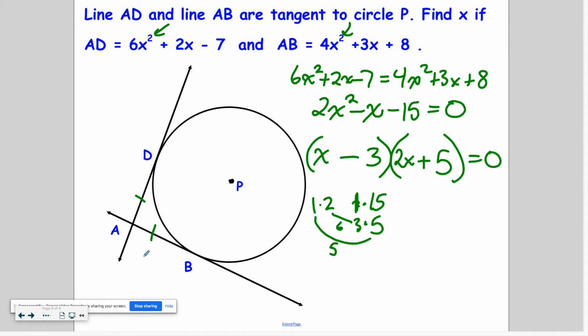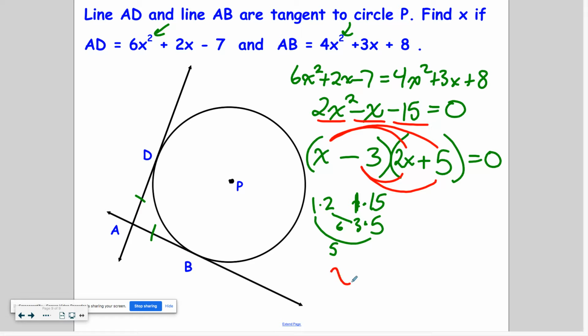So when you do the FOIL, this will give me my 2x squared, which is up here. This will give me 5x. This will give me -6x. So when you add those together, 5x and -6x, you'll get your -1x. And then, of course, -3 times 5 is your -15. So I'm just kind of going backwards and distributing to check my work and see I factored it properly.